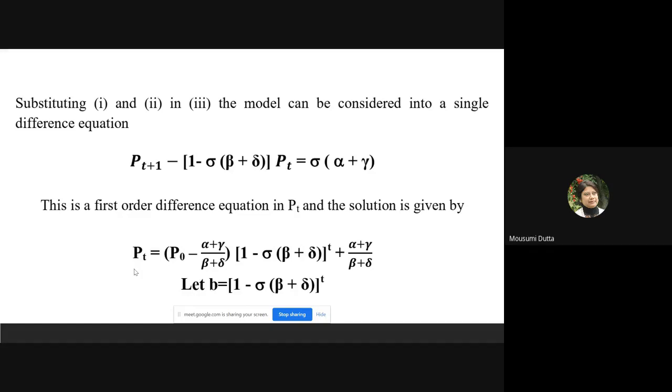So I hope everybody could complete up to this. PT plus 1 minus 1 minus sigma into beta plus delta into PT is equal to sigma into alpha plus gamma.